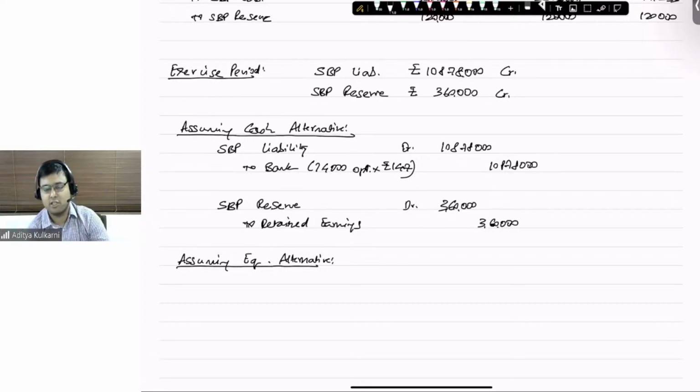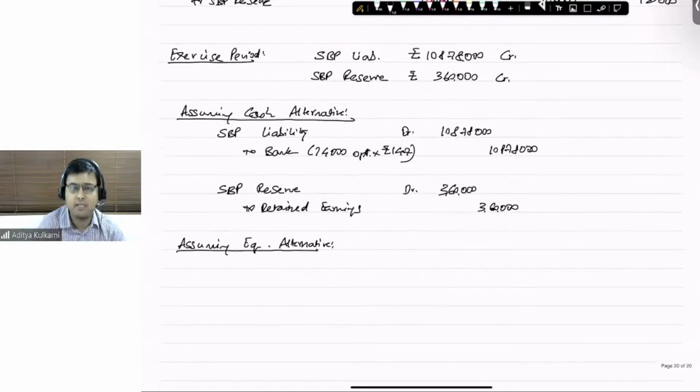You would get cash. But here you are not going to get cash. Instead, the liability of 1,08 lakhs is going to go away, because once you give him equity, he cannot again come for cash. So the consideration for equity is the liability that is being extinguished.